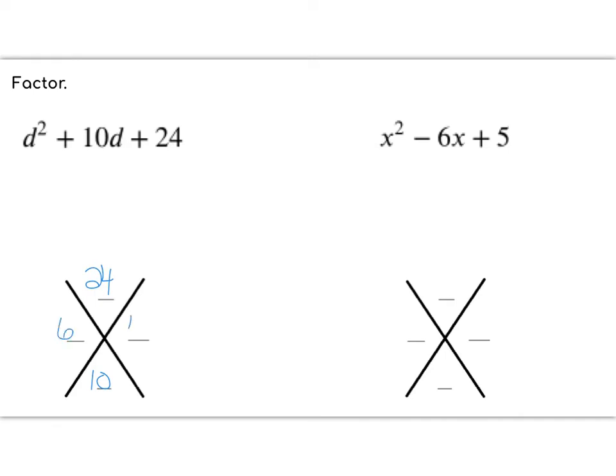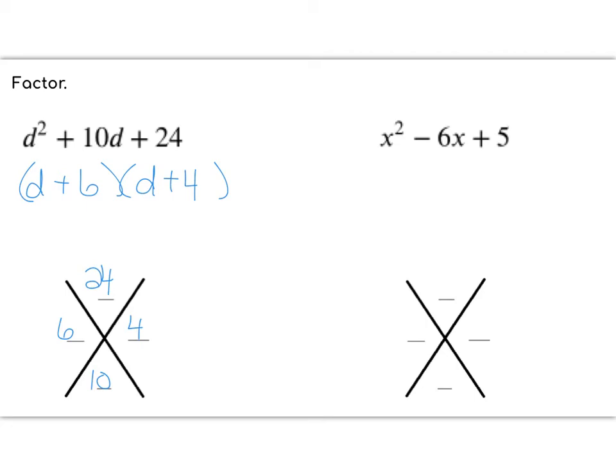That would be a 6 and a 4, right? 6 times 4 is 24. 6 plus 4 is 10. So I'm going to write my two binomials, and my first one is going to be d plus 6, since that's a positive 6, and the second one is d plus 4. I could remultiply those and check, and I would get d squared plus 10d plus 24.